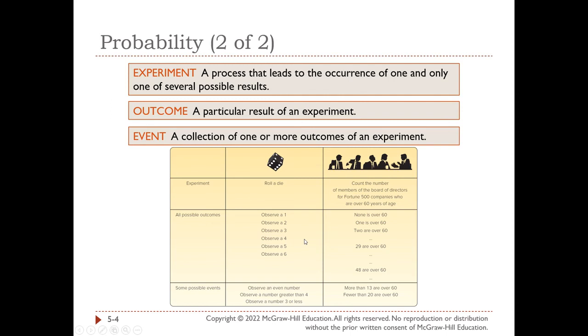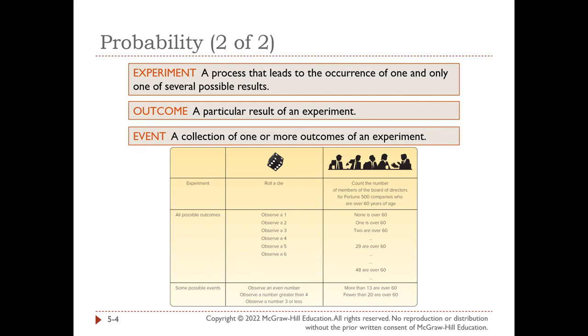Now, the last term that we typically use is known as an event. An event is a collection of one or more outcomes of an experiment. With this, some possible events that they give as an example with the rolling of dice: we can observe how many times an even number will pop up.